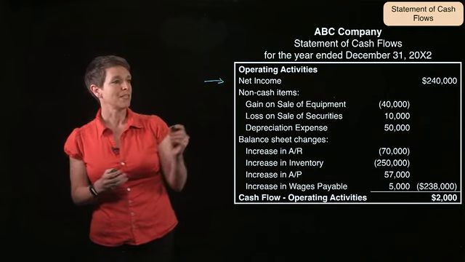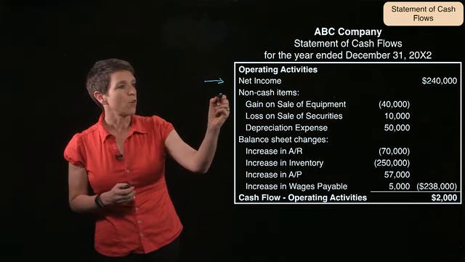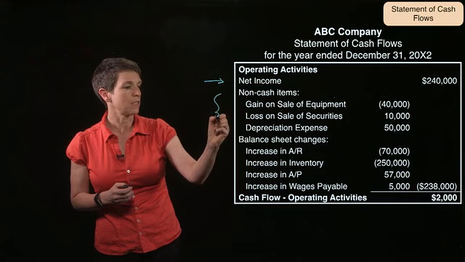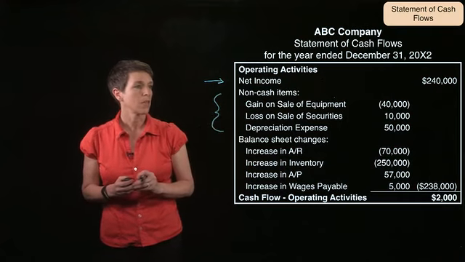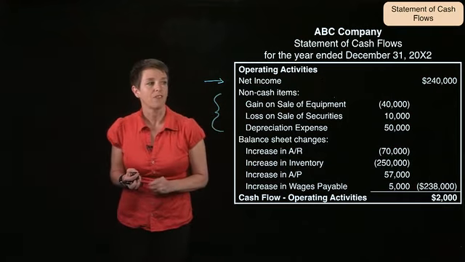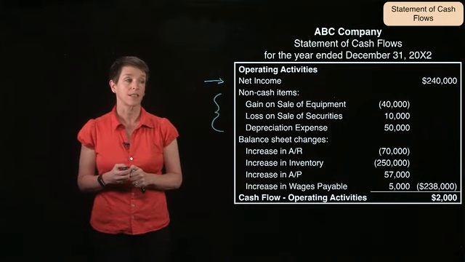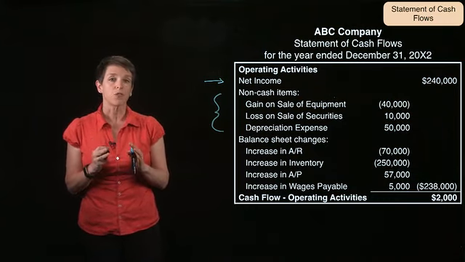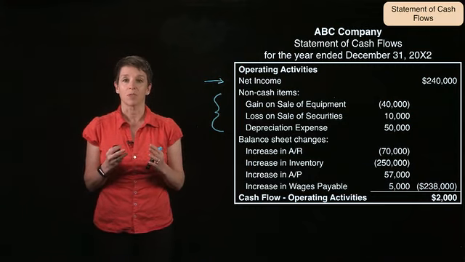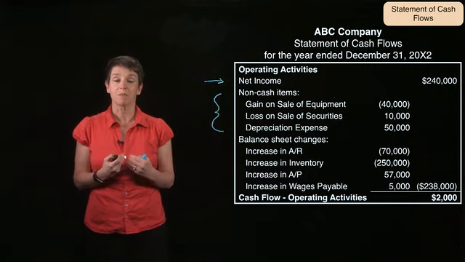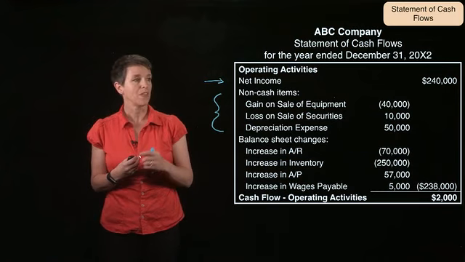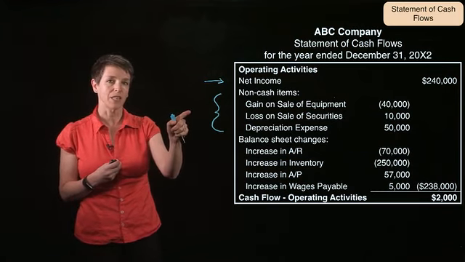The next thing we see is the adjustments for the non-cash expenses in income. In this case, we happen to have a gain and a loss on the sale of non-current assets. Both of those are non-cash items in the sense that we did receive some cash for the sale, but the gain and the loss doesn't represent the cash figure.